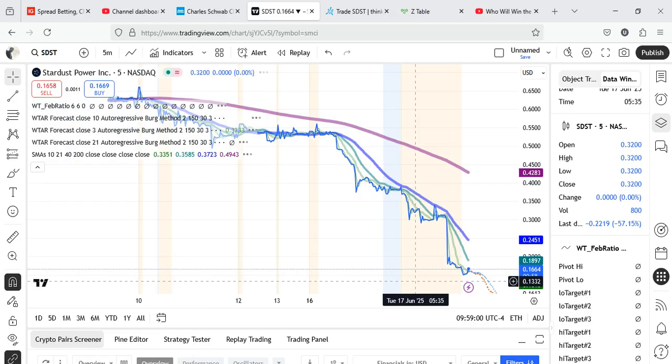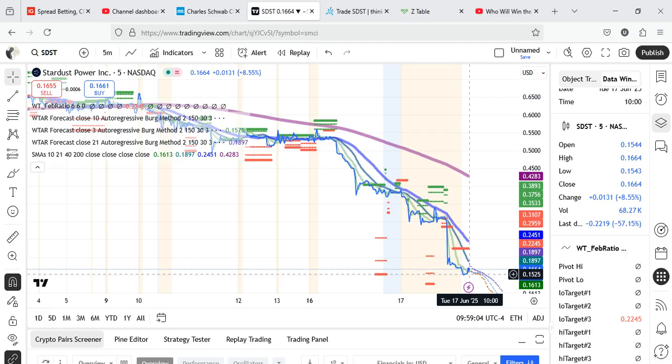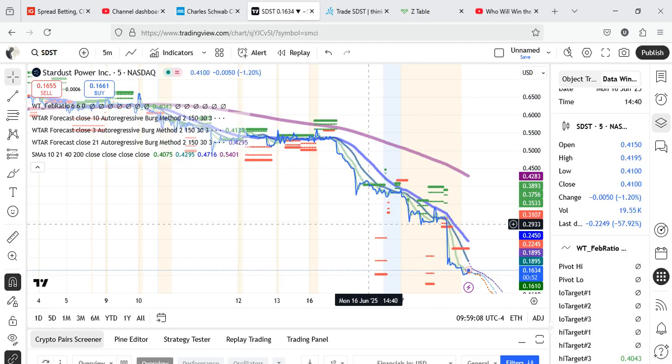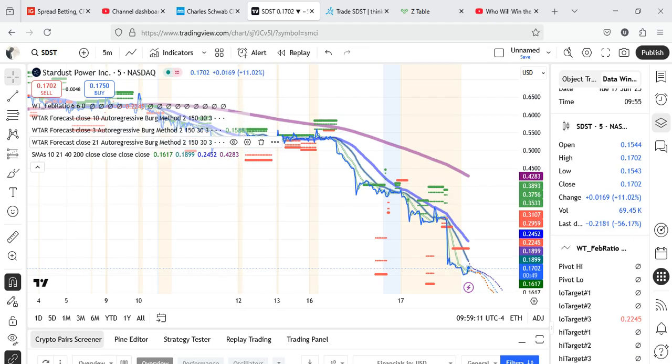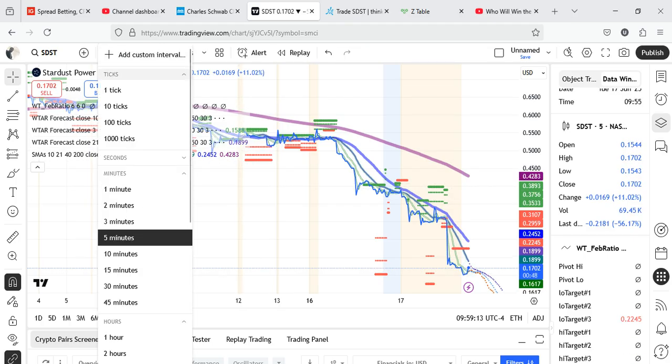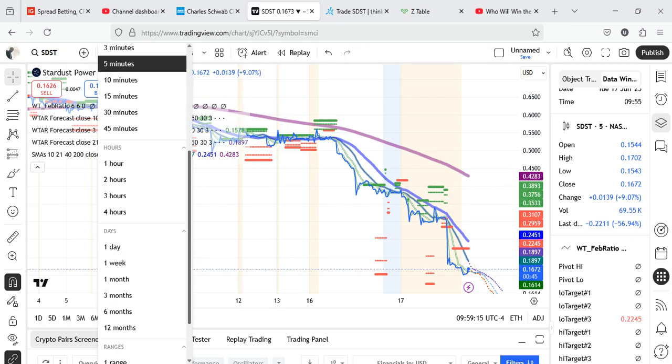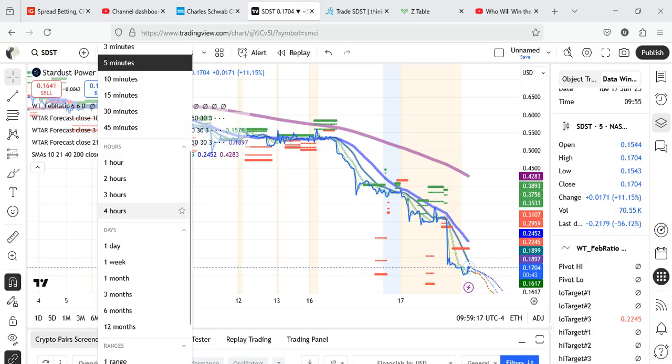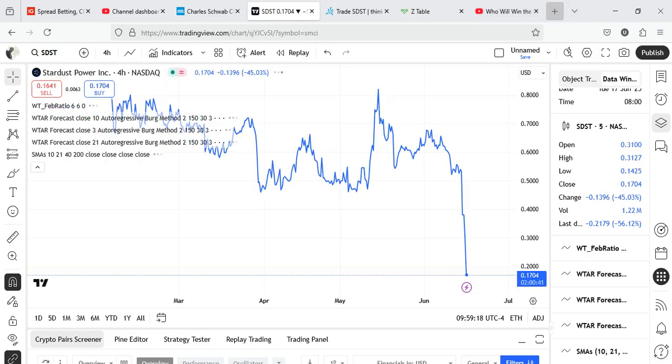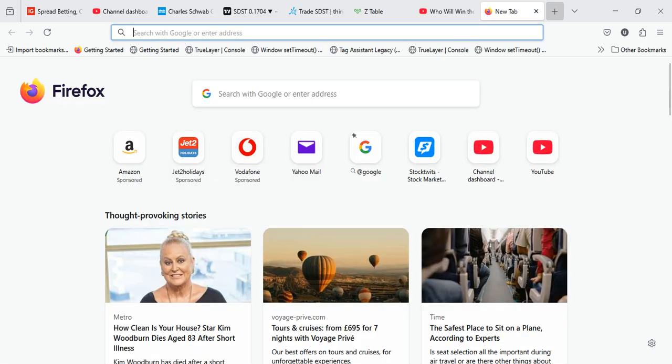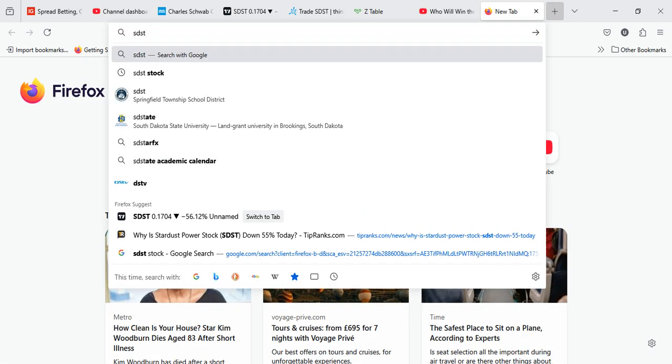I believe I saw somewhere that they are planning to raise more funds. So 0.2245. Okay, we'll just dig in and find out what the float for the stock is and see what could possibly come out. SDST.